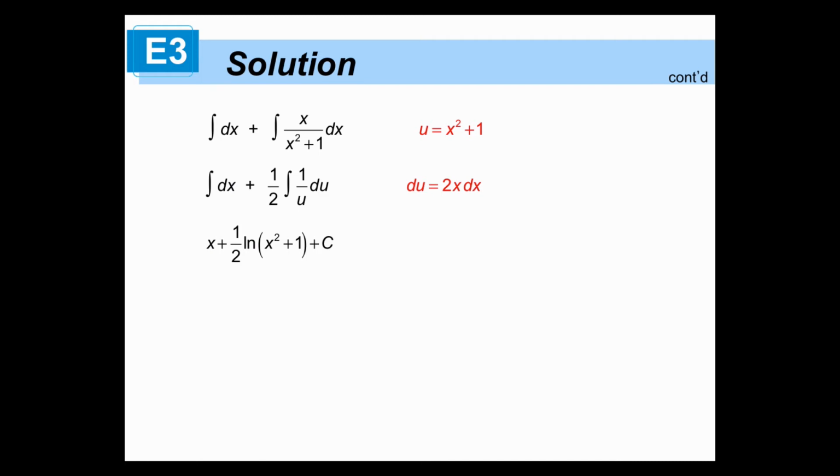Notice I got rid of the absolute value bars. Why? It's always going to be positive, correct. If the absolute value bars are on there, it's not the end of the world.